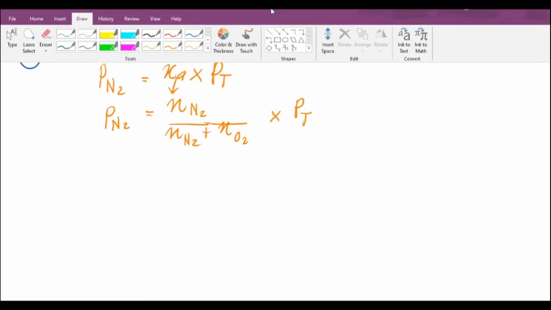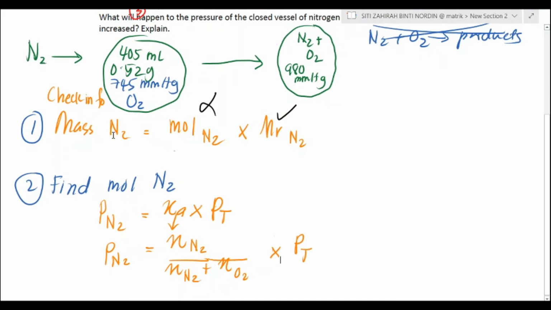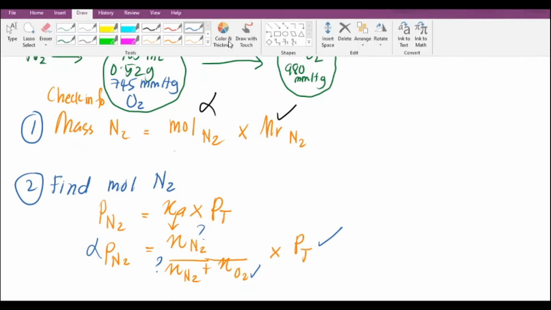So again, check. Do we have the partial pressure for nitrogen? No, but we can find it because you are given both information about pressure. The mole for nitrogen gas, we want to find it. The mole of oxygen, yes, we can calculate it. The total pressure has already been given to you, which is 980. So we can directly find the mole for nitrogen gas. But first you need to make some notes.